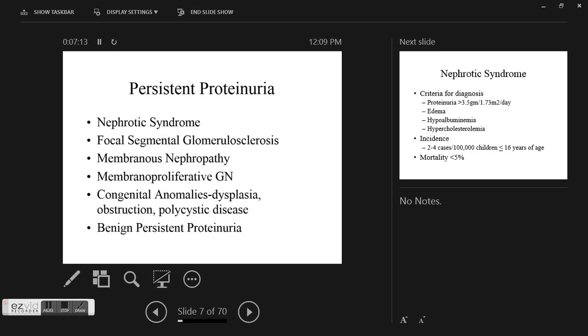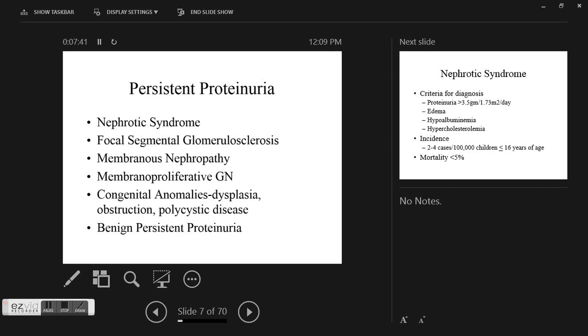The reason I put those there is that you will see glomerular etiology of protein loss once you progress to chronic kidney disease. In this class of conditions, you can get both tubular as well as glomerular losses. There is an entity known as benign persistent proteinuria, although that really is a diagnosis of exclusion and really a diagnosis in a way made in retrospect.